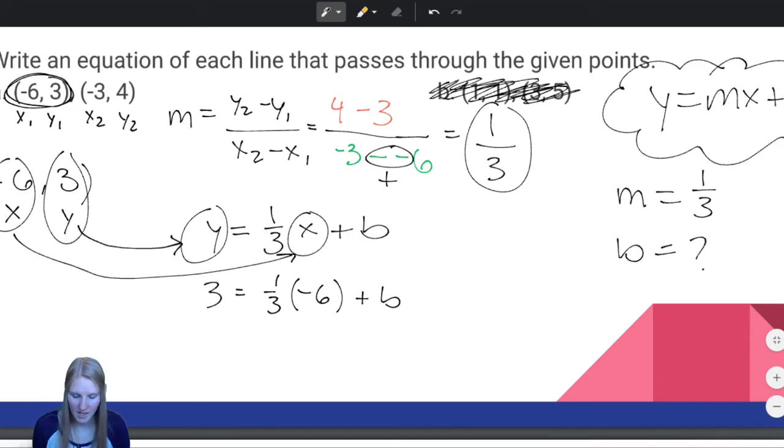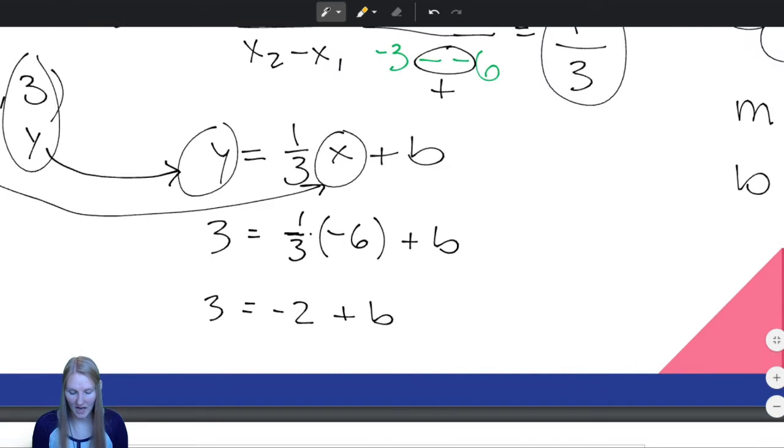Watch this. If I multiply 1/3 times negative 6, that's the same thing as negative 6 divided by 3. What is negative 6 divided by 3? Oh, negative 2. Negative 2 plus b. Wait a minute.